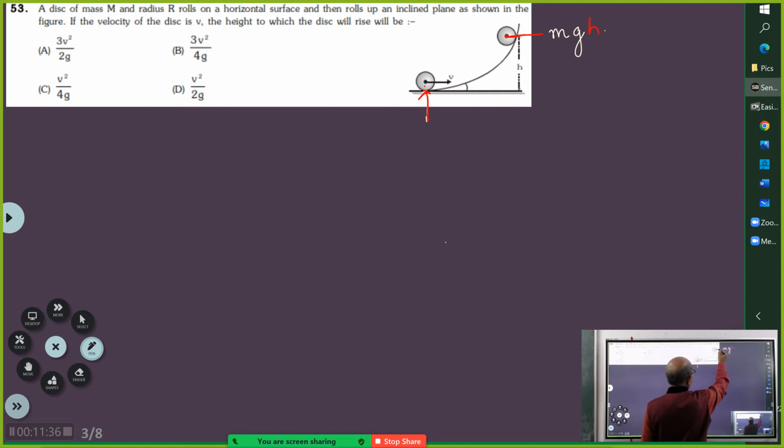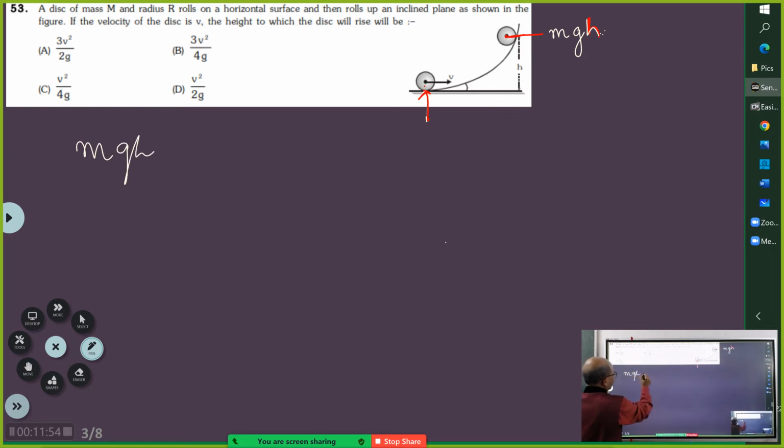Assume that the body is kept here, that is the maximum height that it is going to reach, mgh. If you let the body off, then definitely it is going to come back here and the energies should be satisfied. So that logic you can use here. You can straight away write mgh is equal to whatever equation you wrote prior to this. I suppose all of you remember that.